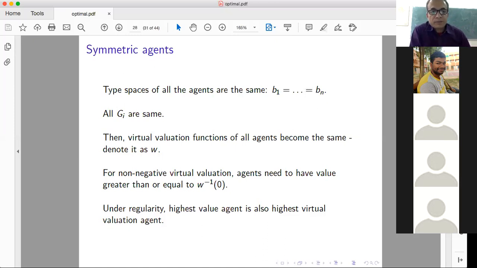Can I get positive payoff by manipulating and winning? Well, not really, because if I win, my payment will be the least value required for me to beat the highest virtual value among the others, and so on.